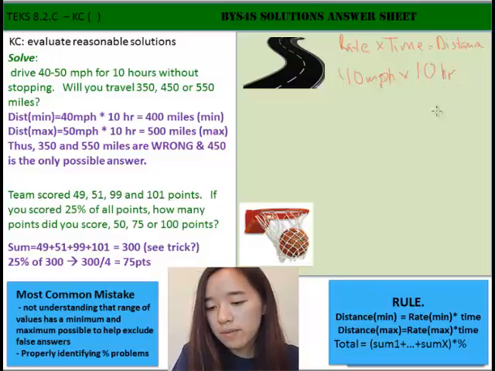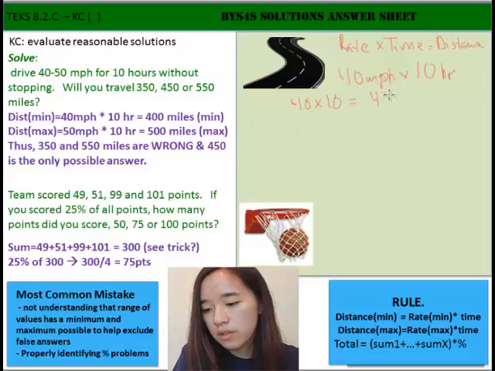So we see that 40 times 10 is equal to 400 miles. So that's our answer for the first part of the problem.